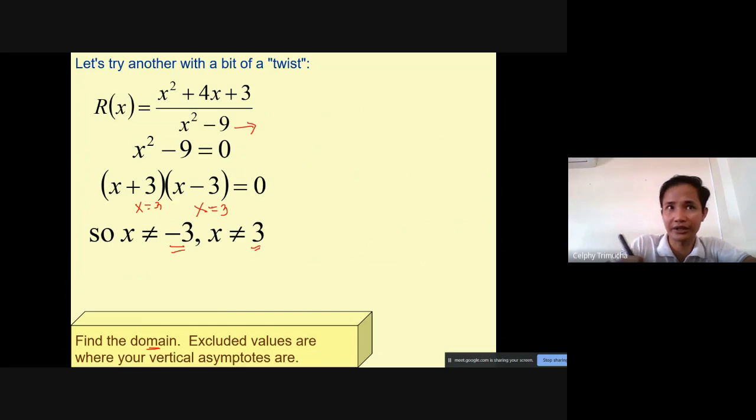So for factoring, aton answer will be x is equal to negative 3, x is equal to 3. Pero if domain, dapat consider ta lang ang denominator. So domain, x will be any possible values of real numbers except negative 3 kag positive 3, kay mahimo niya ang aton nga denominator equal to 0.